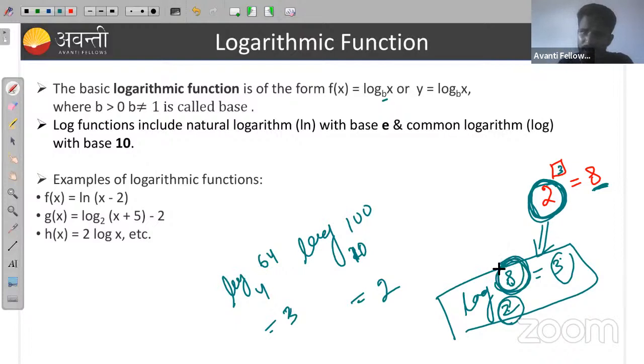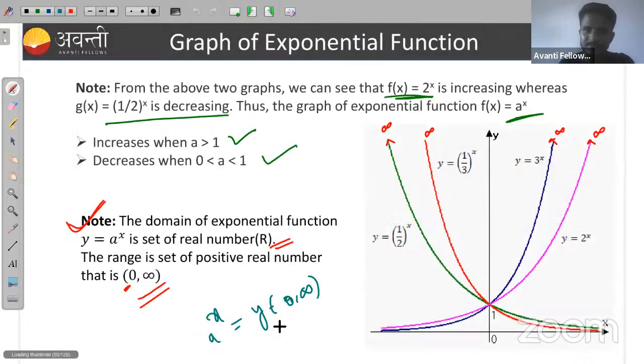This 8 is the value you choose here. So that means log will only be defined for positive numbers only, from 0 to infinity, right? This 8 matches with this y. I can write 2 to the power 3 is equal to 8. This 8 is y, right?